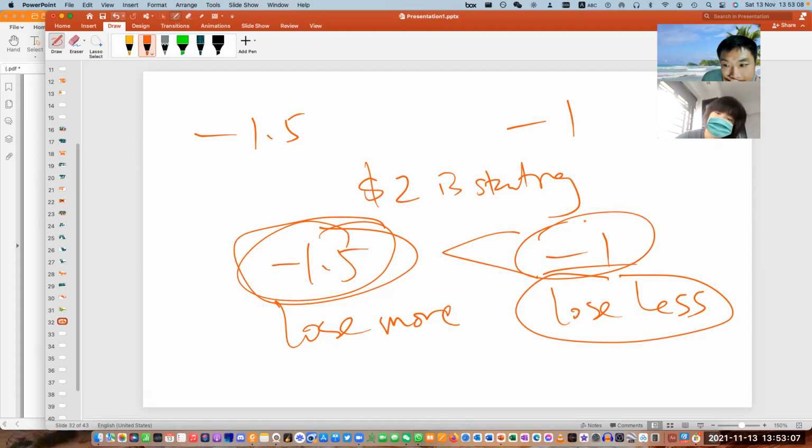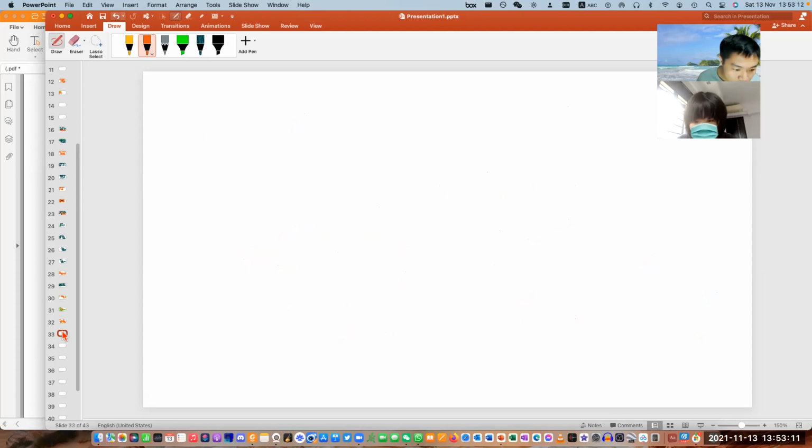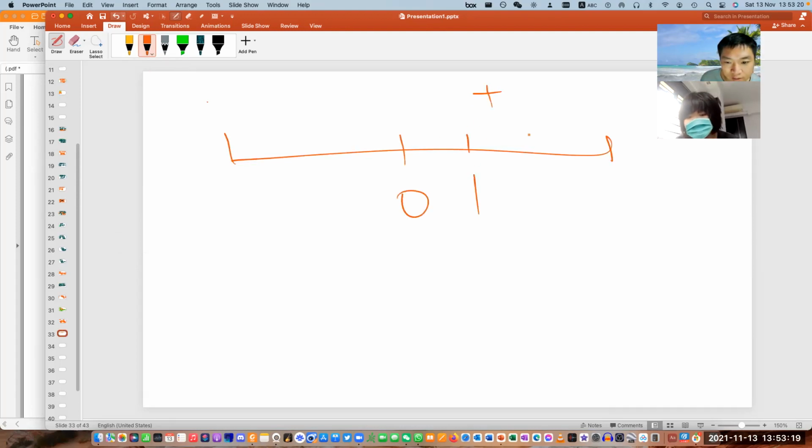Okay? So in fact, if you write down this number line, 0 is here. This is the positive region, 1, 2, 3. And this is the negative region. So the left side of the 0 is the negative region. The right side of the 0 is the positive region. So you will get -1, then of course -2 and -3.